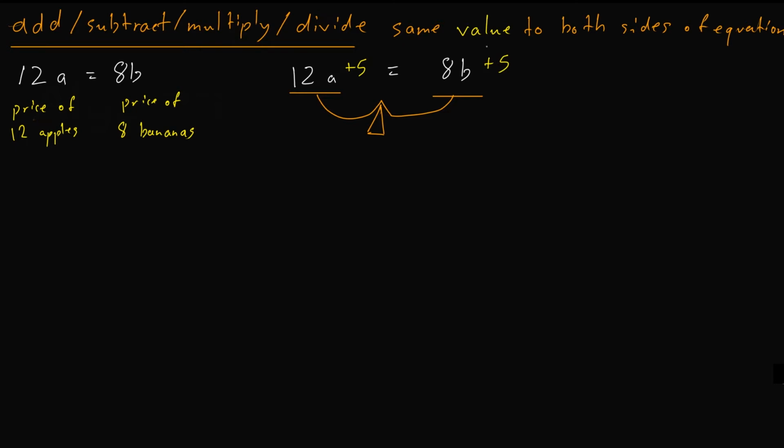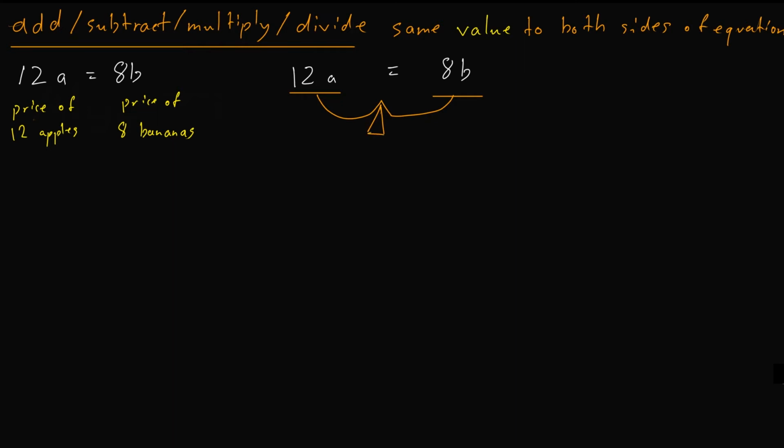So if we add $5 to both sides, you still have the same balance. Likewise, you could subtract $10 from both sides, and it would still maintain balance. You could multiply by 2 to both sides, and it would again maintain that balance. And so this equation is always valid if you're doing the same operation to both sides here.